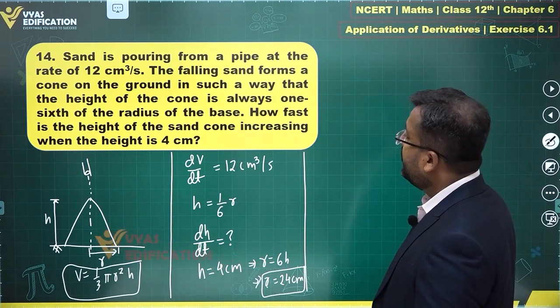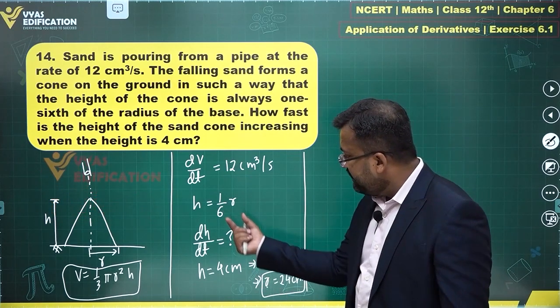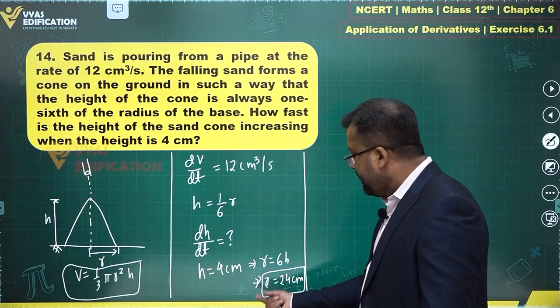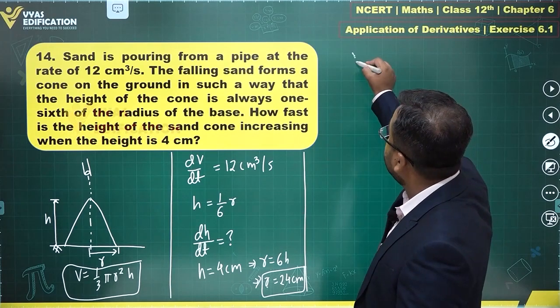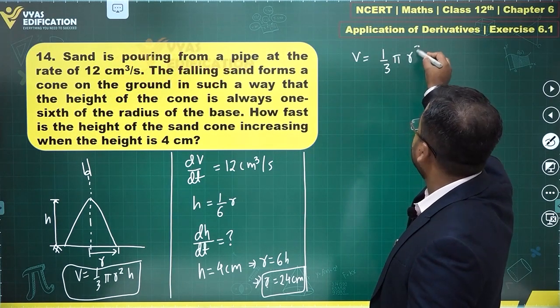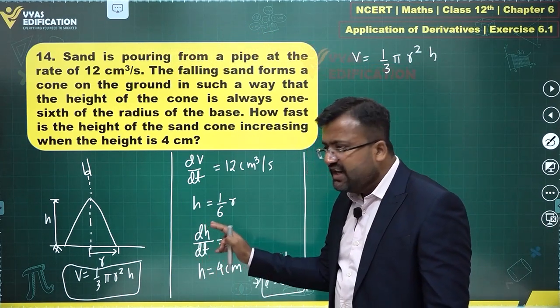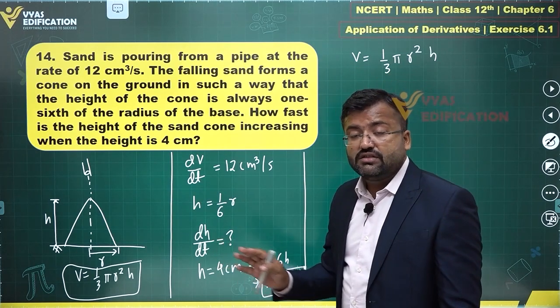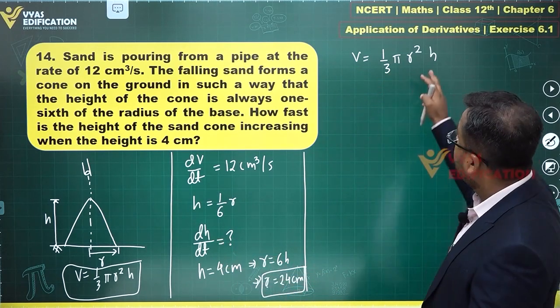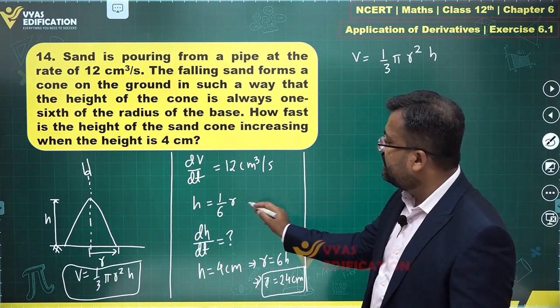Next. We are dealing with the volume, right? It is given this, and we are asked this with the help of the values of R and H. So let's use V equals 1/3 pi r square h. Do you observe that dH by dt is what we are supposed to find? There should not be any R remaining in this formula before you differentiate. So let's eliminate R with the help of this result.